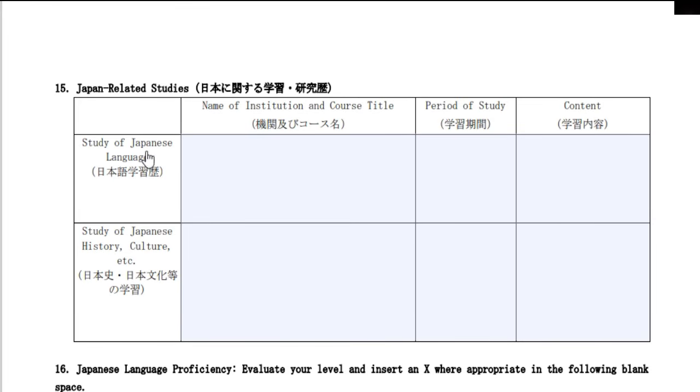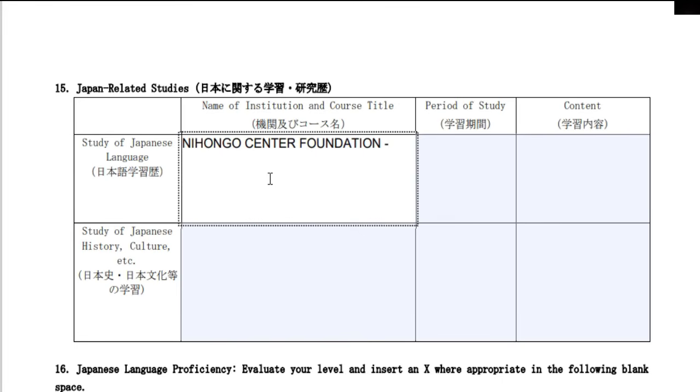For number 15, Japan-related studies. If you have a background in studying Japanese language, you can write here the name of the institution and the course title. For example, Nihongo Center Foundation, let's say Basic Japanese.